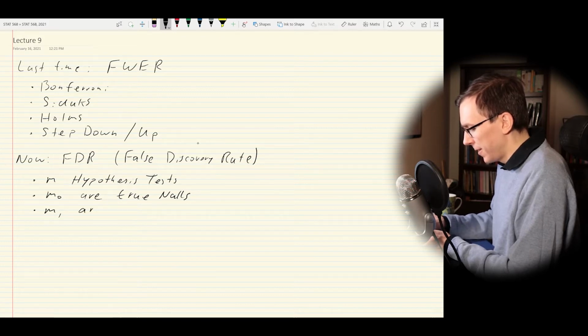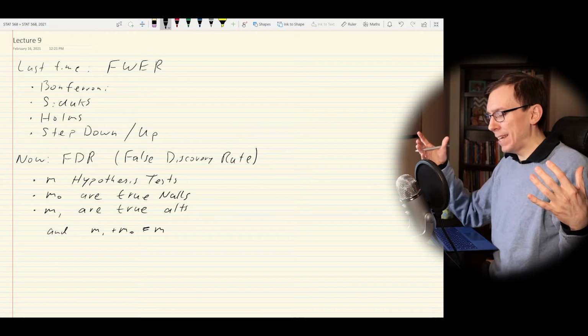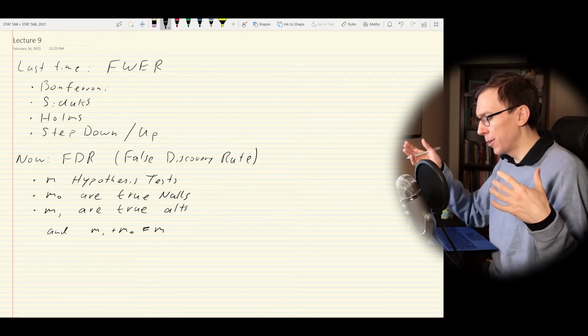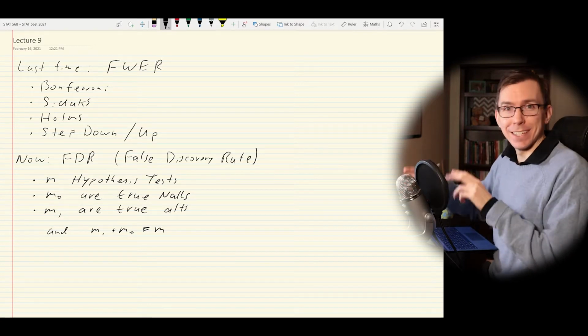And M1 are true alternatives. And of course, M1 plus M naught is equal to M, right? Because we've basically taken our M hypothesis tests and broken them into two sets: the ones where the null is the truth and the ones where the alternative is the truth.